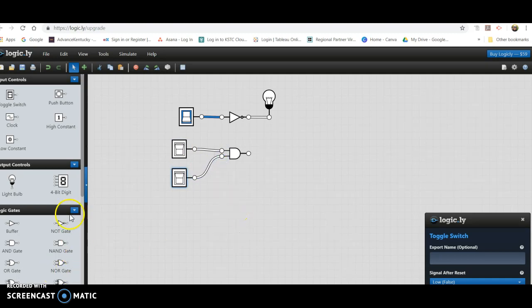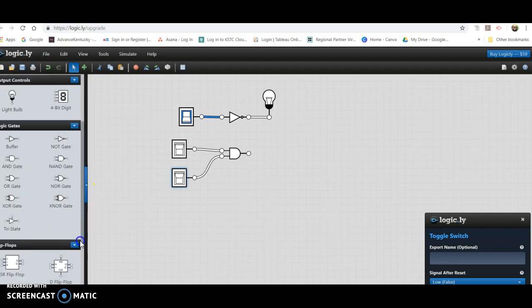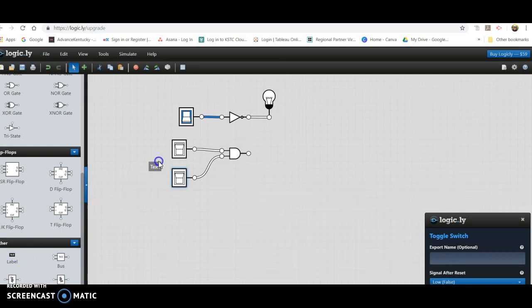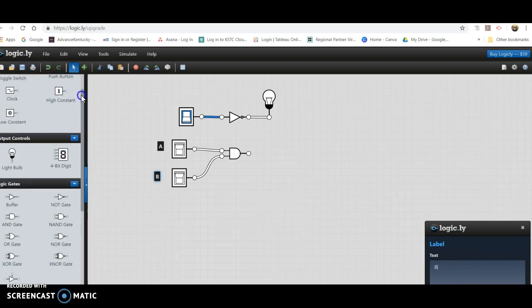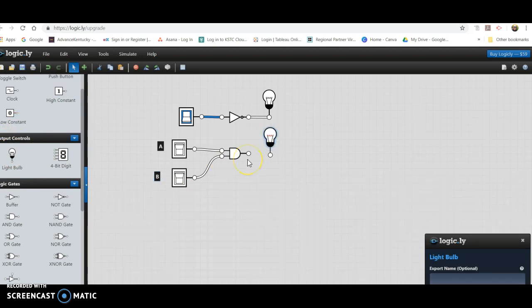And we're going to name these switches A and B. This is B. And we're going to use a light bulb to represent our output. Here's the light bulb. And remember, this is an AND gate. So A and B. So connecting this to the light bulb.